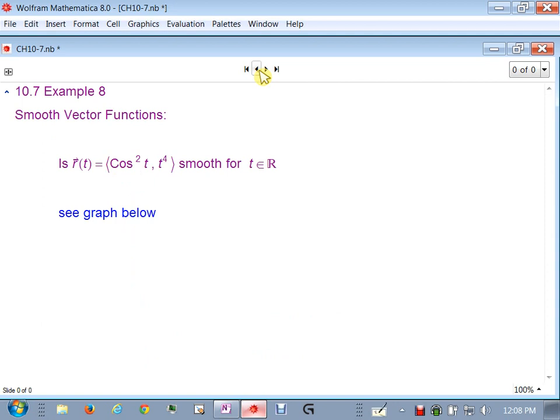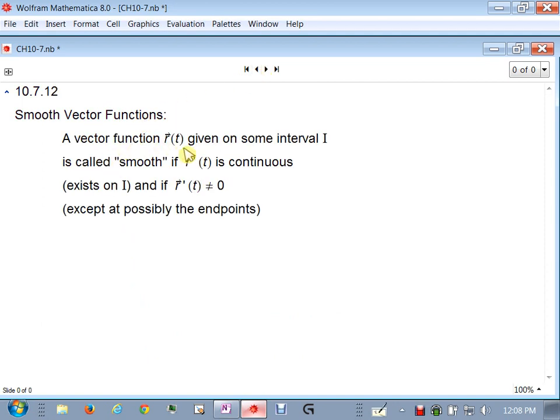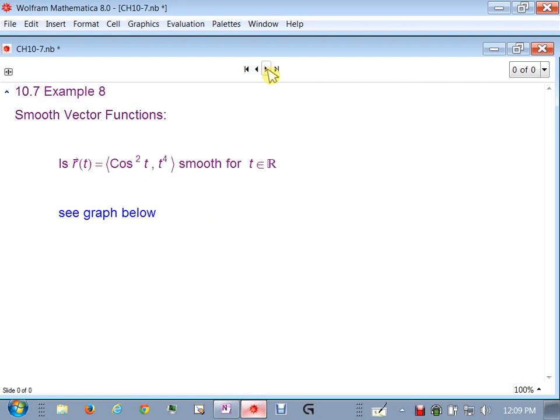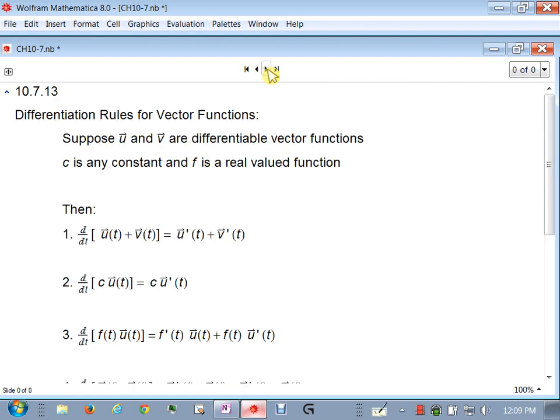Go back to the definition of smooth. A vector function given on some interval is called smooth on that interval if the derivative is continuous and the derivative is never 0 except at the endpoints. At t equals 0. Smooth is not a concept we're going to get into too much, but it is defined that way, so I got to introduce you to it.